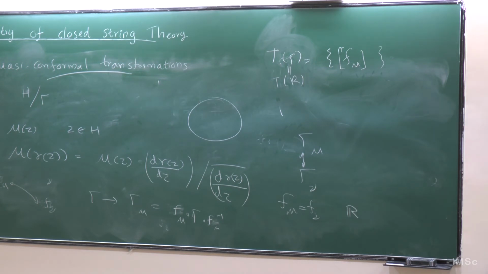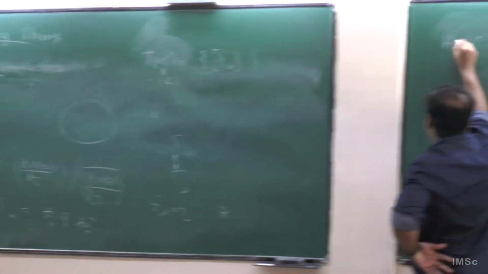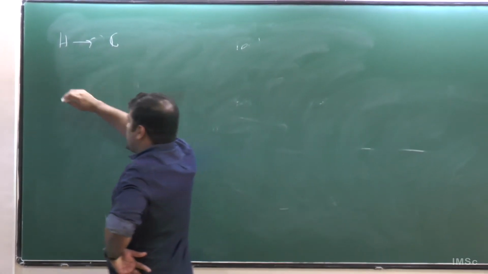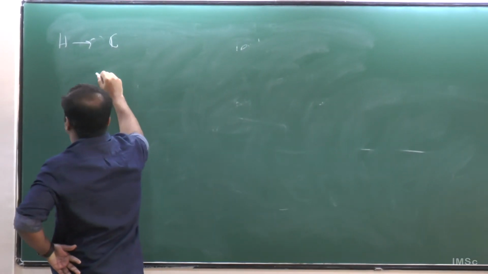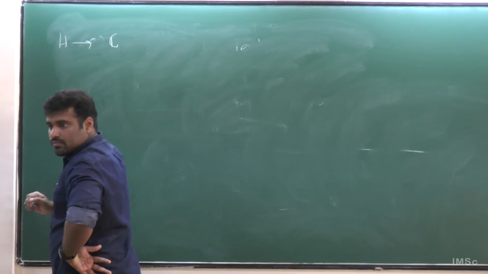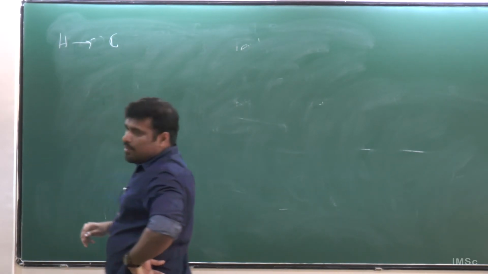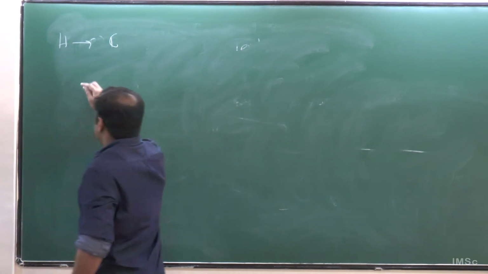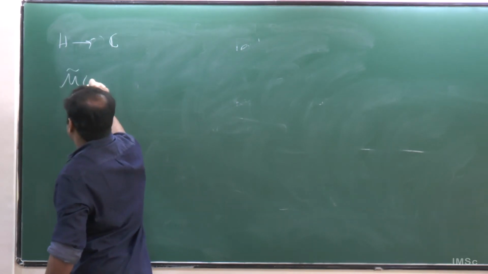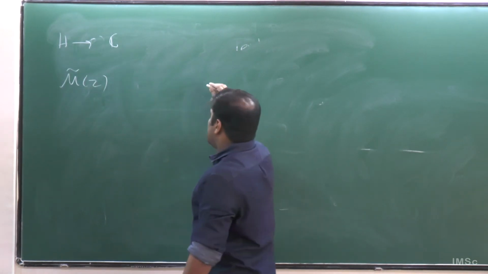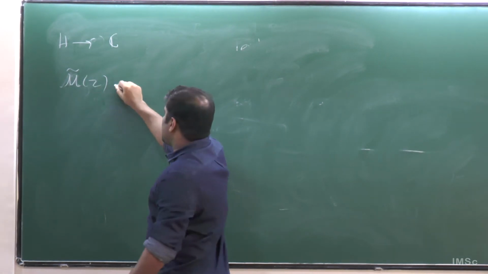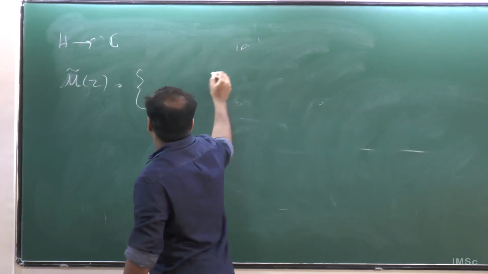So now let's convert the whole problem from the upper half plane to the complex plane. The similar statement is the following. That means you are taking the lower half plane. I'm extending the definition of the Beltrami differential on the upper half plane to the lower half plane as well. So mu tilde of z is a Beltrami differential on the complex plane, and the extension is a trivial extension.